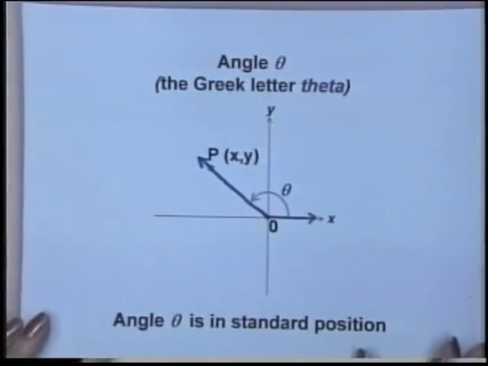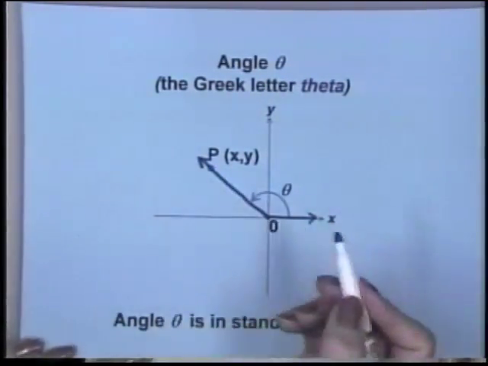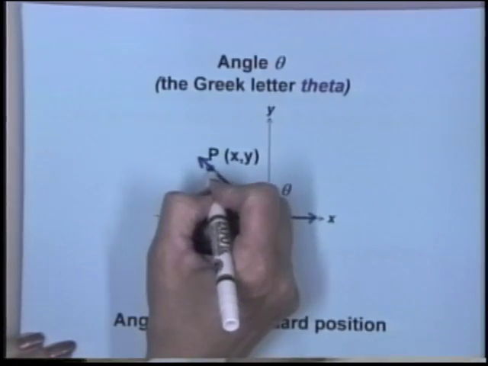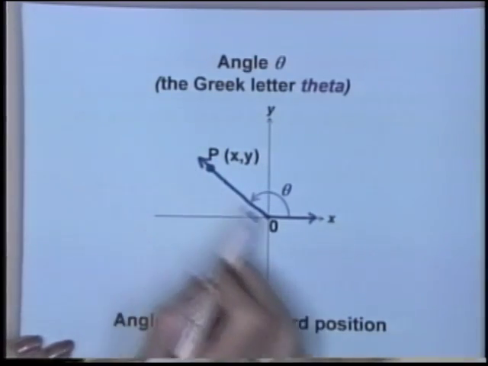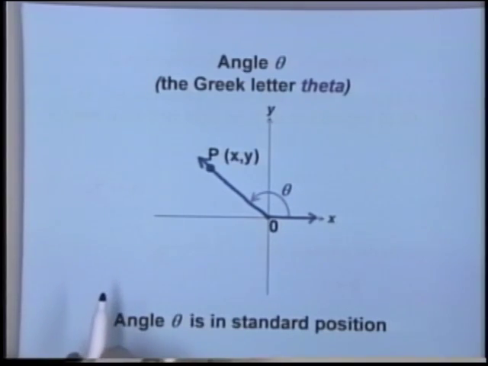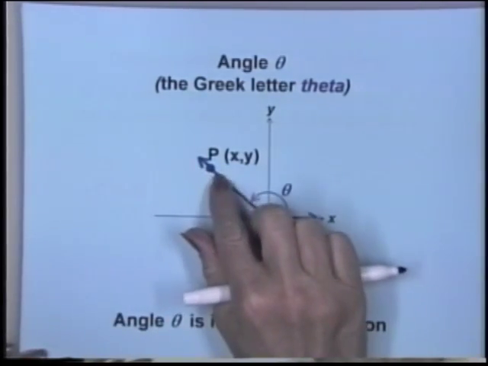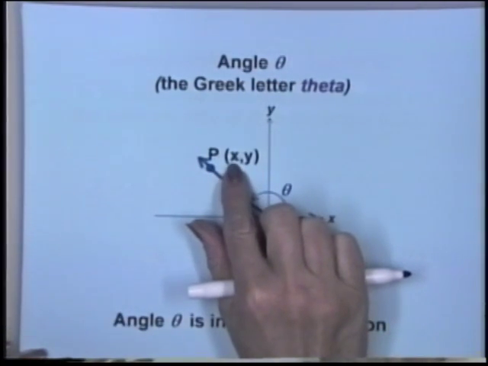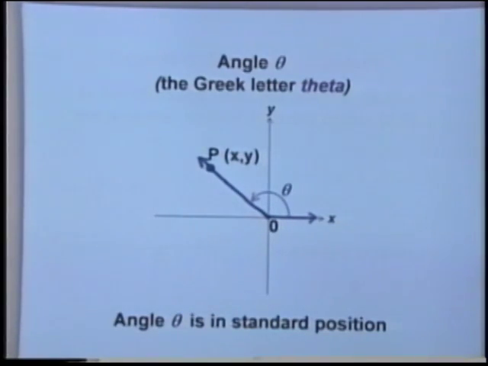And for this one, my theta's terminal side is in the second quadrant. Notice this point P right here on the terminal side of my angle theta, and I have given it generic coordinates x and y.